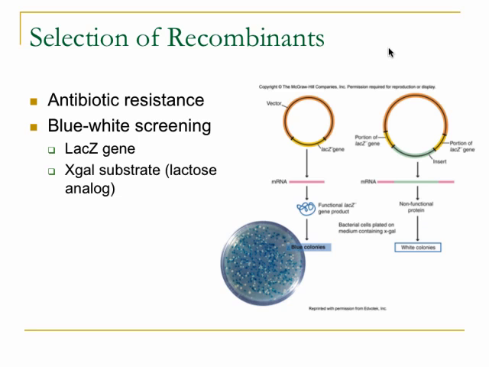So with the plasmid alone, you'll get blue colonies because they'll have the functional enzyme, and it will use XGAL as a substrate. But here, in the case of the transgenic bacteria, those that took up the plasmid that had the foreign DNA in it, the insulin gene, for example, those will be white.